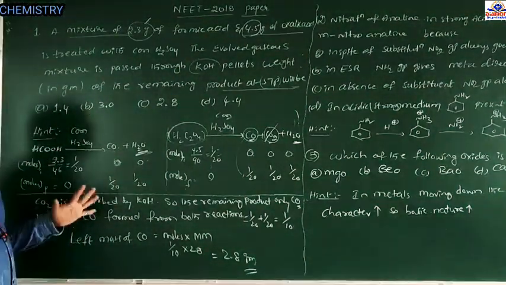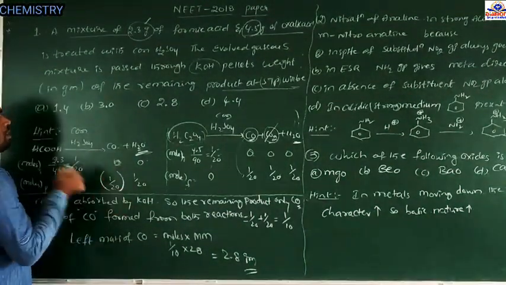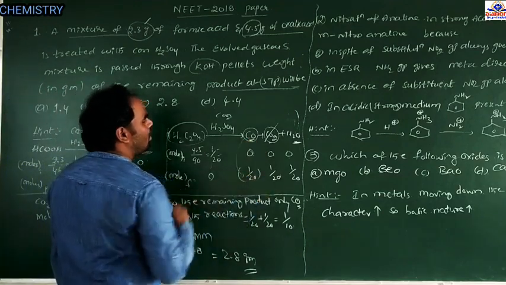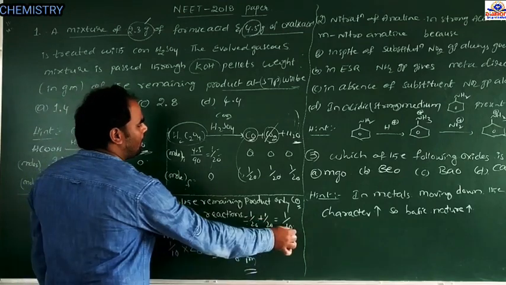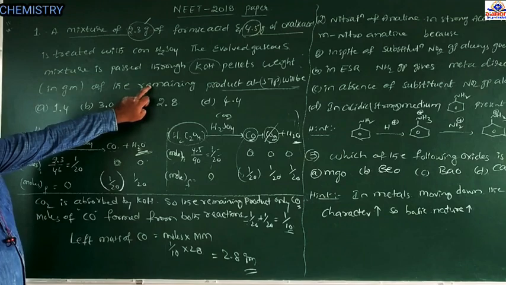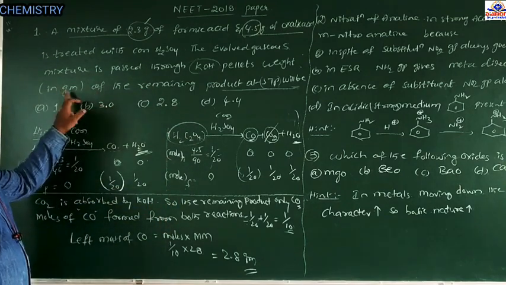Next, therefore, the number of moles of carbon monoxide is 1 by 20, and here the number of moles of carbon monoxide is 1 by 20. Therefore, 1 by 20 plus 1 by 20 is simply 1 by 10. So the remaining product is carbon monoxide, and we need it in grams.